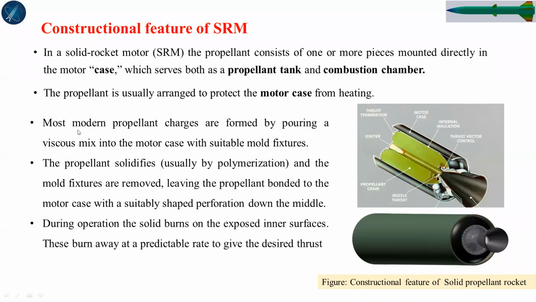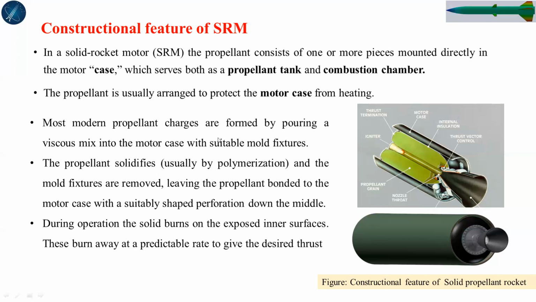Most propellant charges are formed by pouring a viscous mix into the motor case with suitable mold fixtures. So we prepare the slurry of viscous mix of the propellant, pour it into the mold cavity, and then we can cast it. It is the method of casting. So the propellant solidifies; we usually call it polymerization.